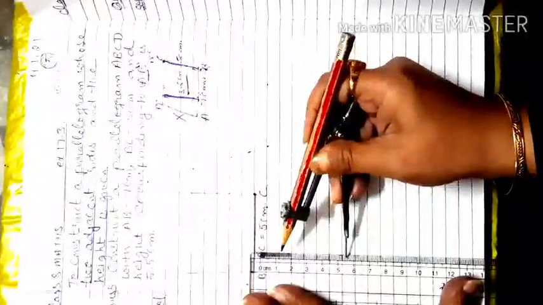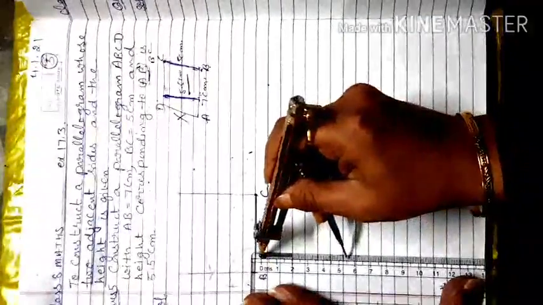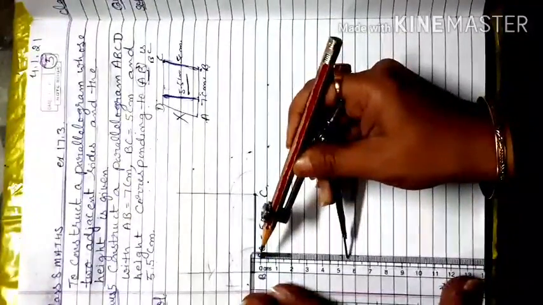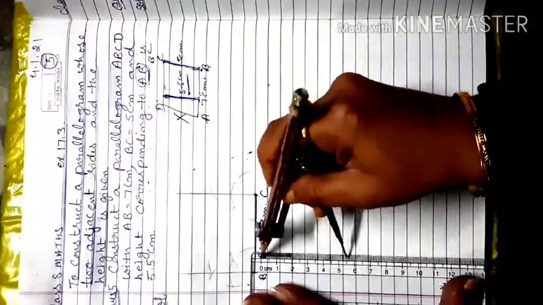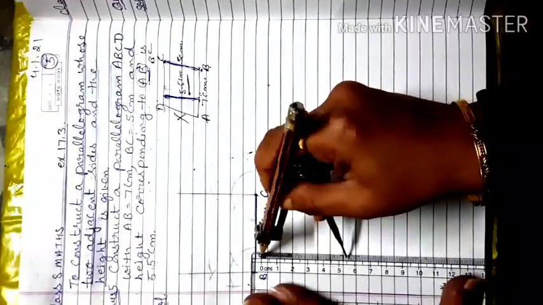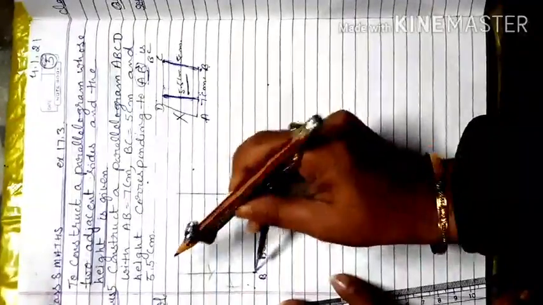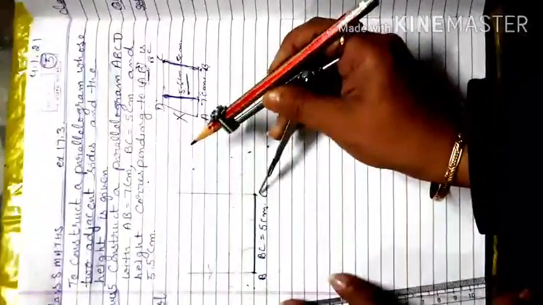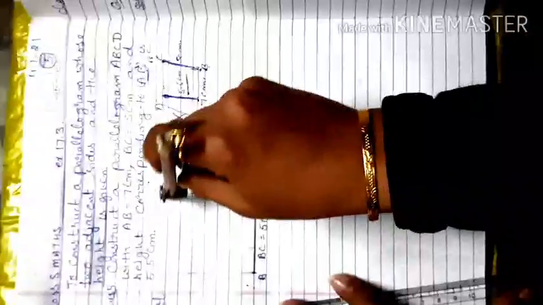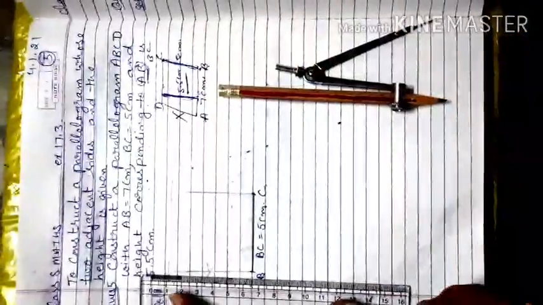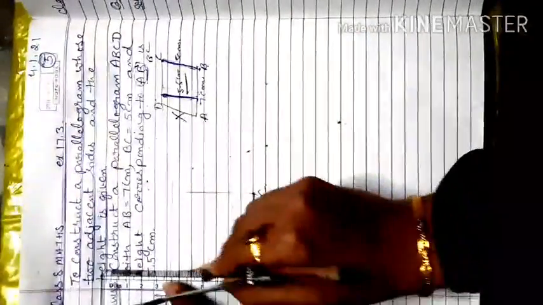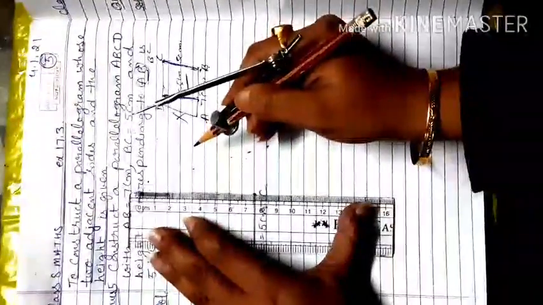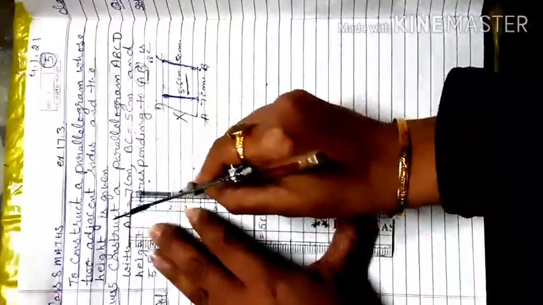Now open the compass to 5.5 centimeter, measuring exactly from the scale, and mark the arc here. This will be your 5.5 centimeter height. I extend it up.